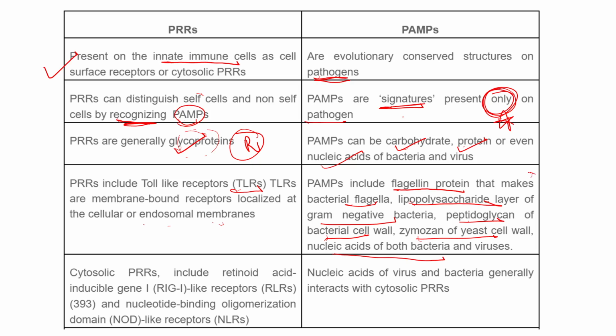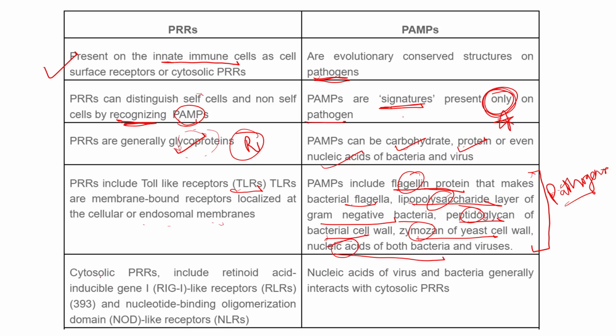So these are the different types found in different pathogens. They can be flagellin protein, LPS layer, peptidoglycan layer, zymosan, nucleic acid, anything.